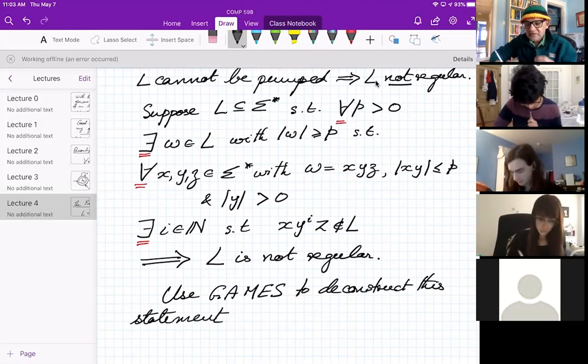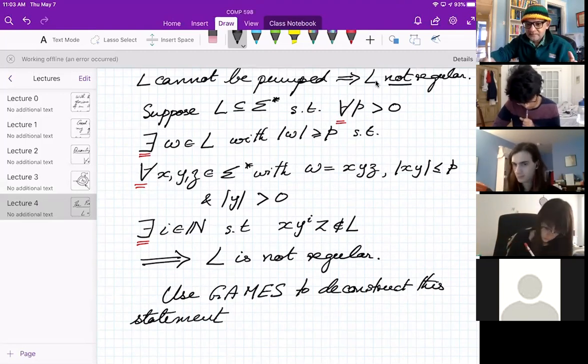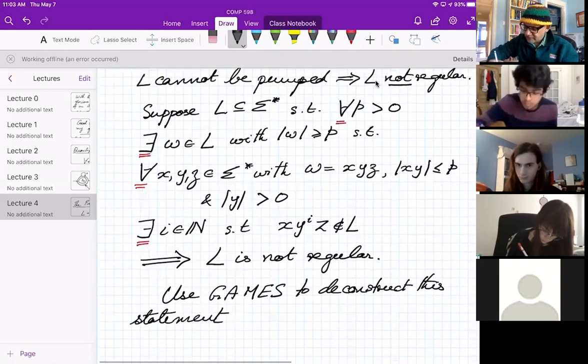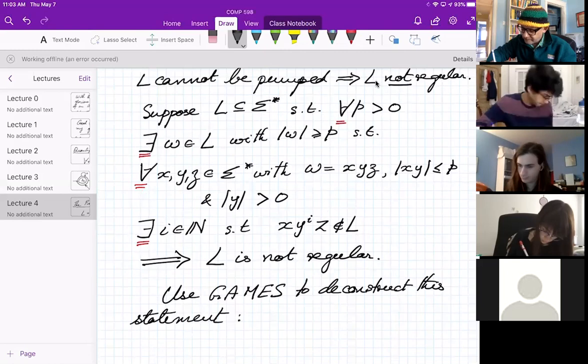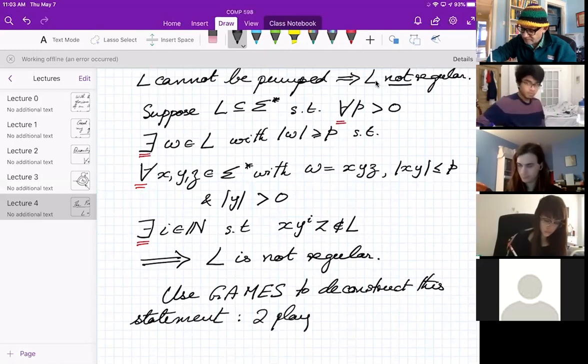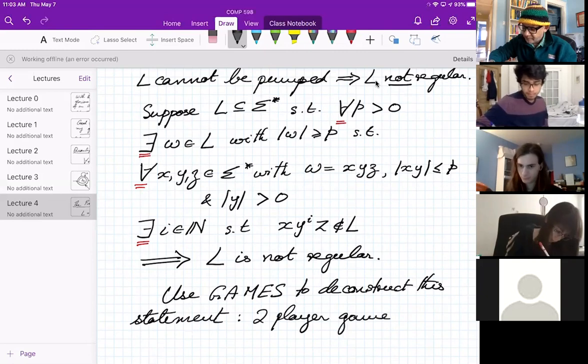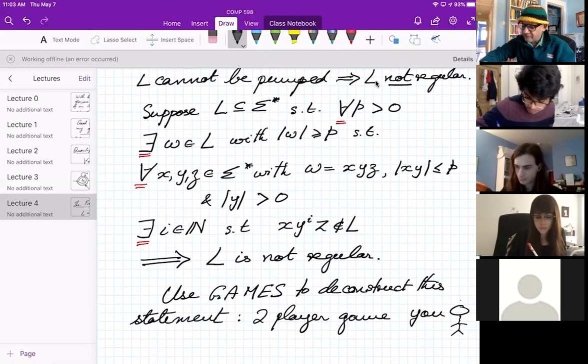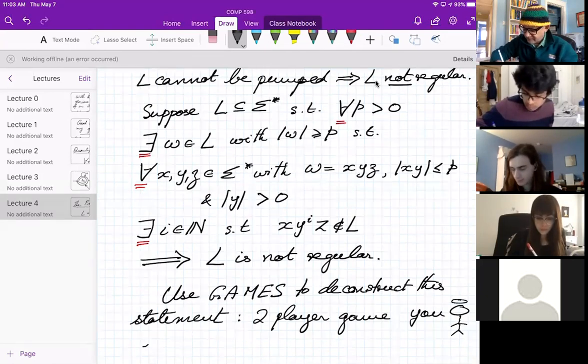Okay, so we're going to always be given a language and we're going to try and prove all this. And if we succeed in proving all this, then we know L is not regular. So what does it mean to prove all this? It's a two-player game, played between you, so we will depict you like this, you have a little halo because you're an angel, and the devil.